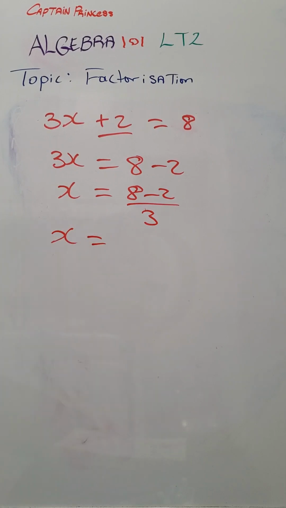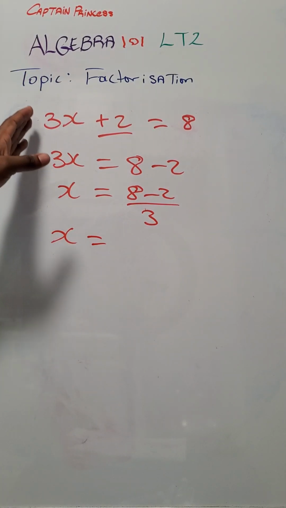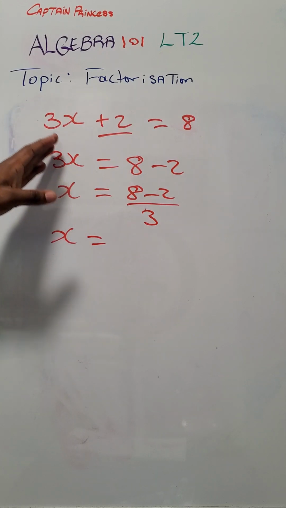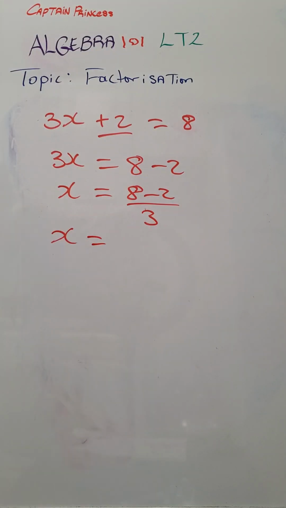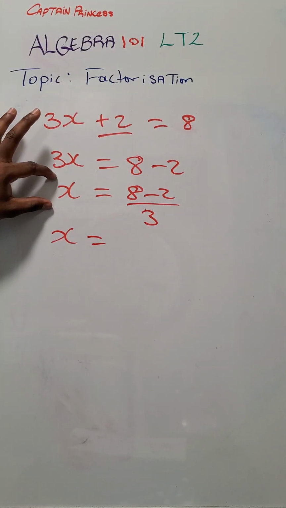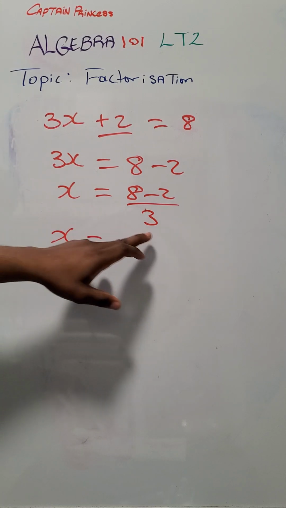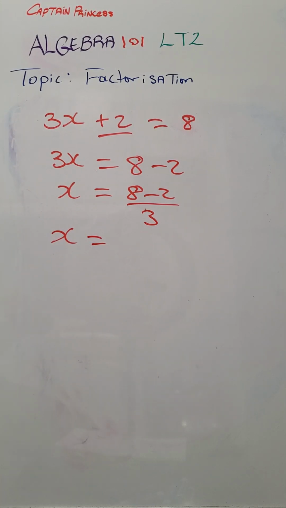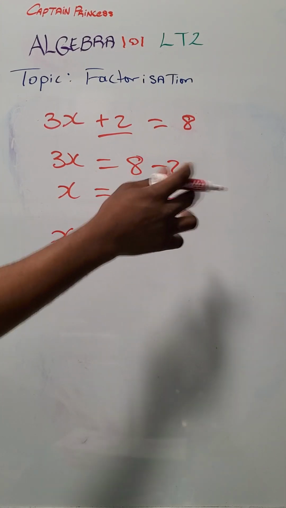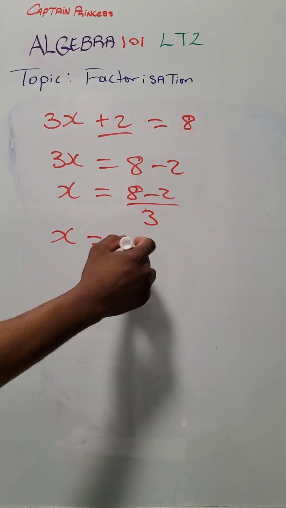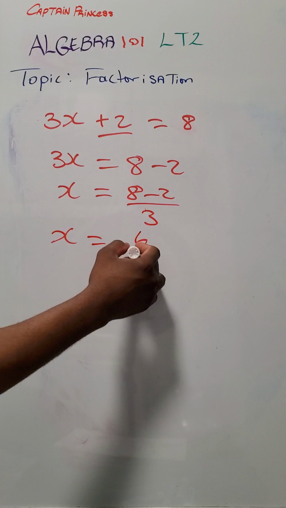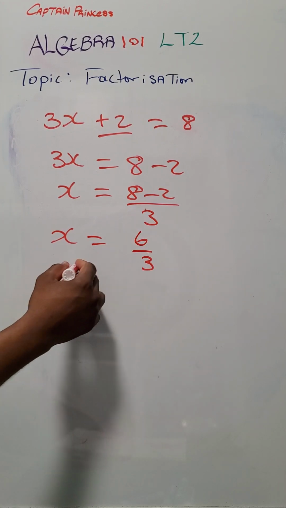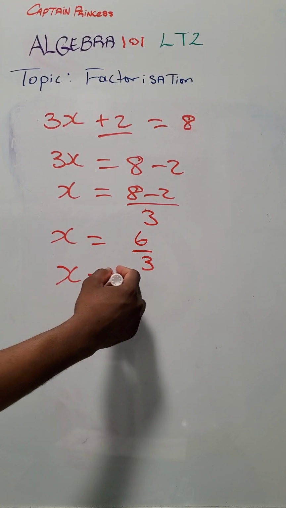So basically what I'm saying is that you remove all the numbers to the right hand side of the equation, leave only the variable, and the solution will be the value for the variable. So how you solve like this, you first calculate the top, which gives us 6, and that's divided by 3, and x is equal to 2.